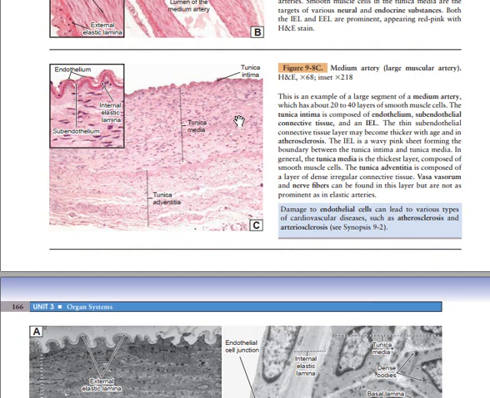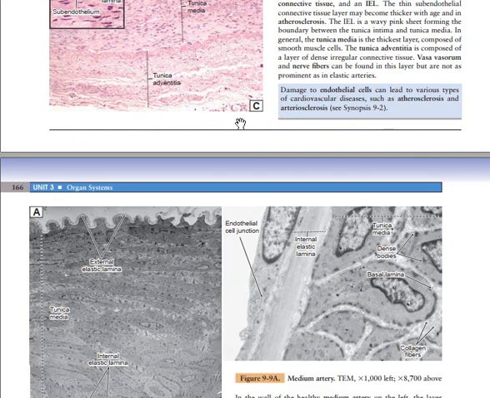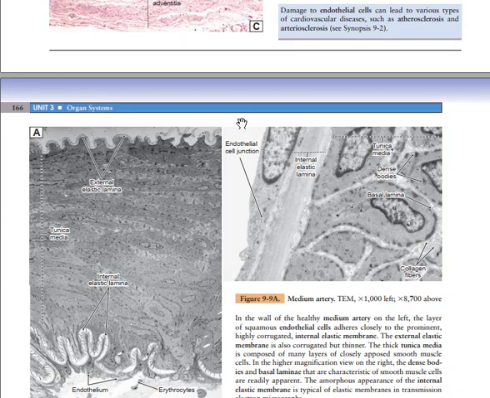In clinical correlation, damage to the endothelial cells can lead to various types of cardiovascular disease such as atherosclerosis or arteriosclerosis. You need to know that sclerosis just means rigidity.